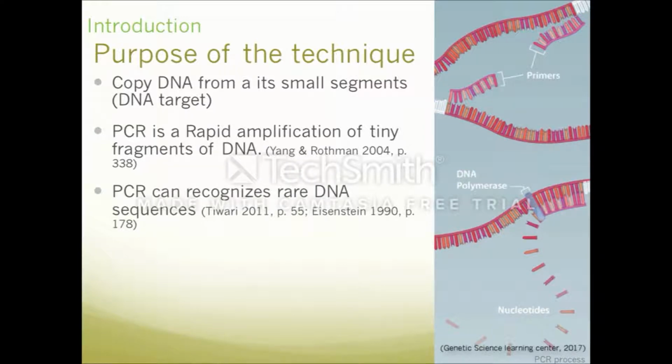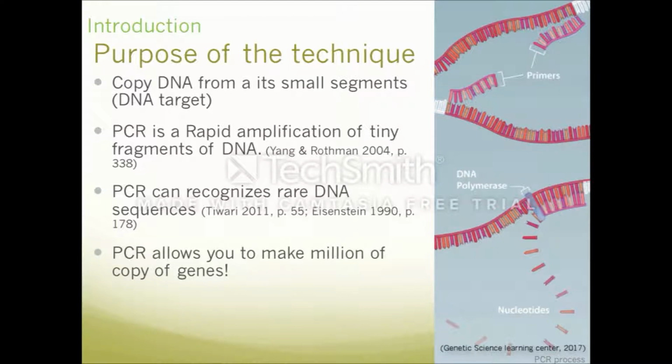Important in this technique is that it can recognize rare DNA sequences in an extremely complex mixture of biological materials and also even whole cell structures. So, once this sequence is identified, that could be from a single human hair or a saliva sample, then it can be amplified through PCR. That's why PCR is a very important and highly used biotechnology for molecular biologists.